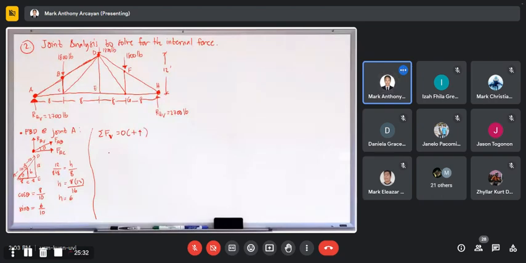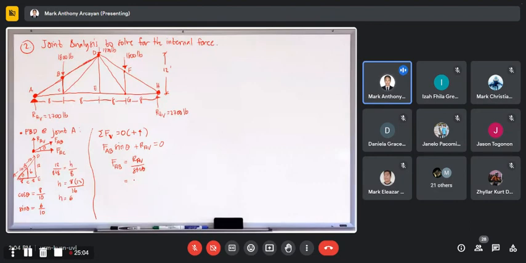So we have the upward force FAB sine theta plus RAV is equal to 0. So FAB is equal to negative RAV over sine theta.